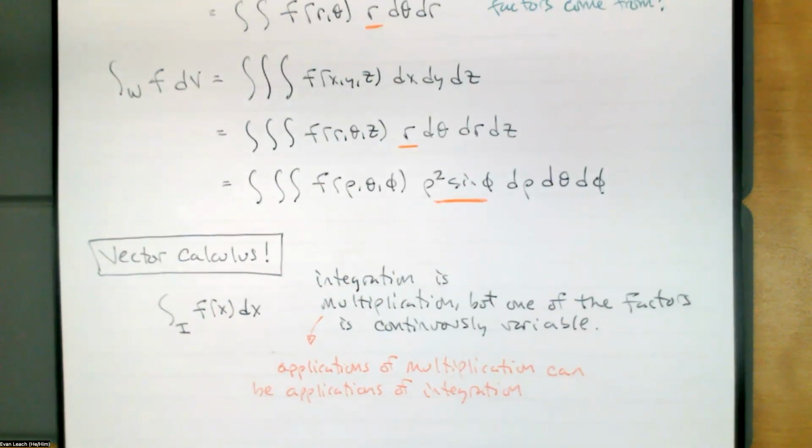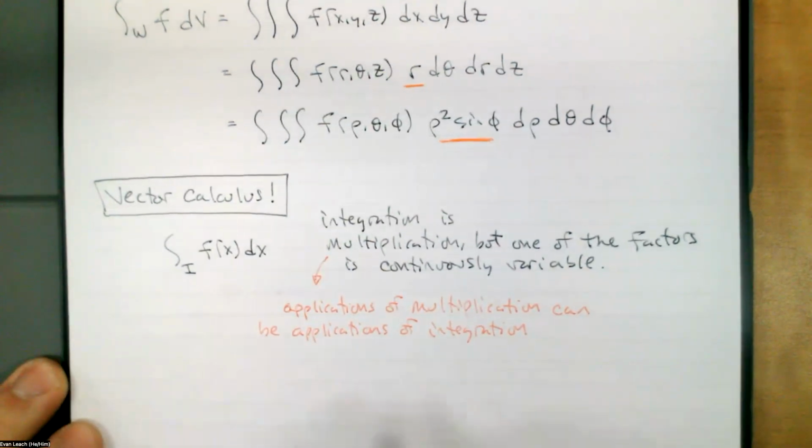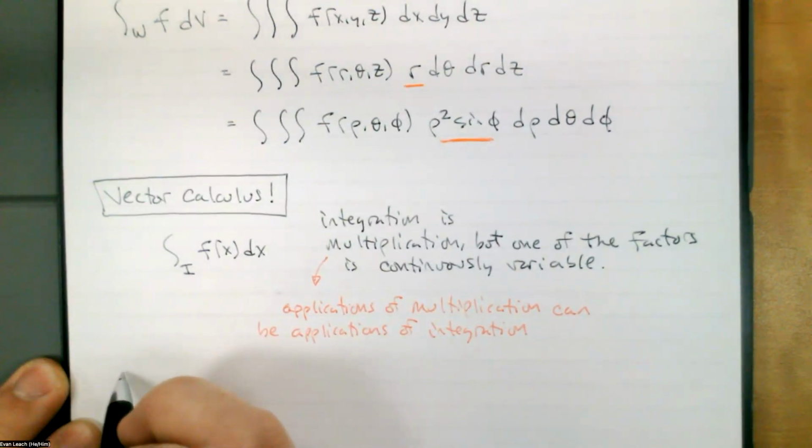So then we have vector calculus. Since I said vector calculus and multiplication, we need to start thinking about the multiplication that can show up when we're dealing with vectors. If we have vectors, we have a couple kinds of vector multiplication.